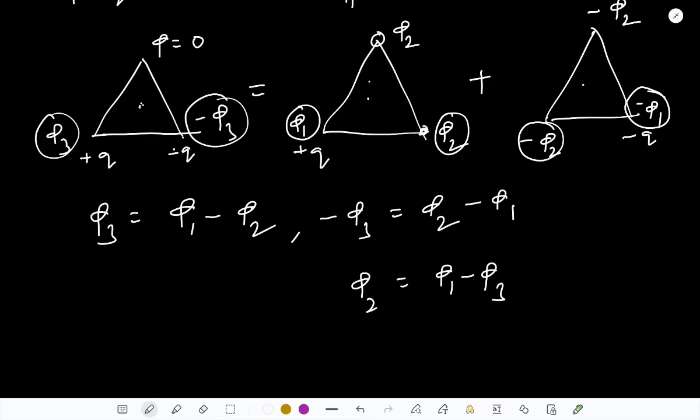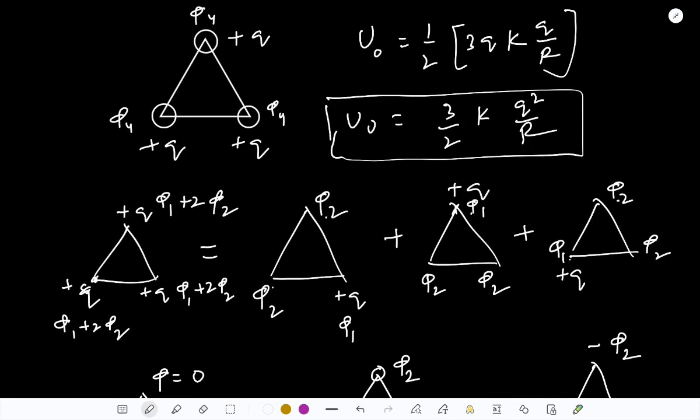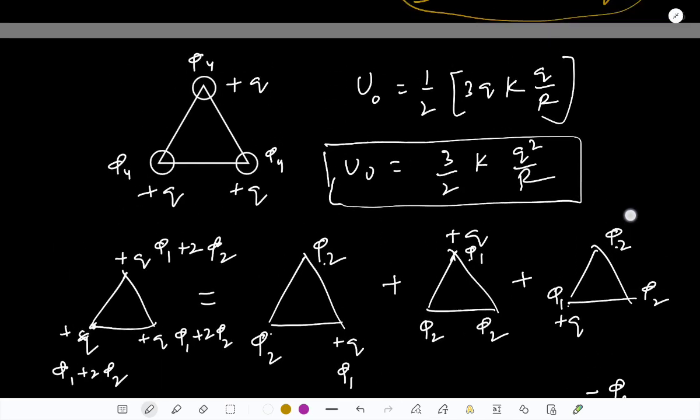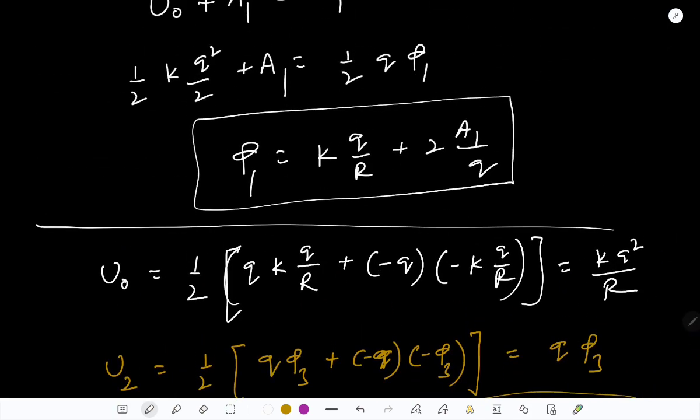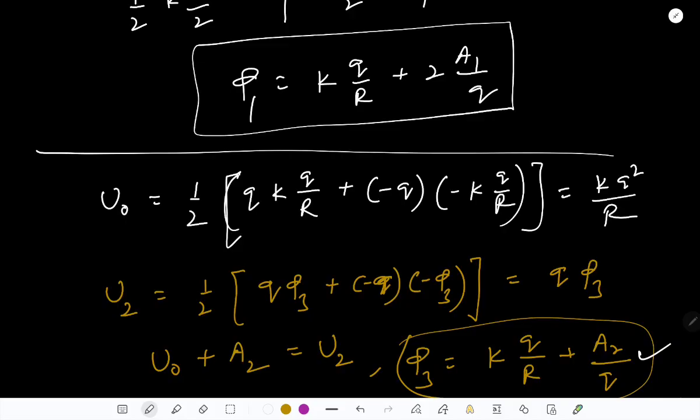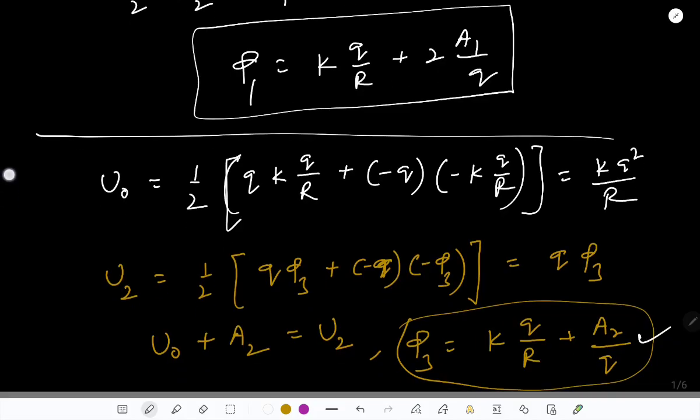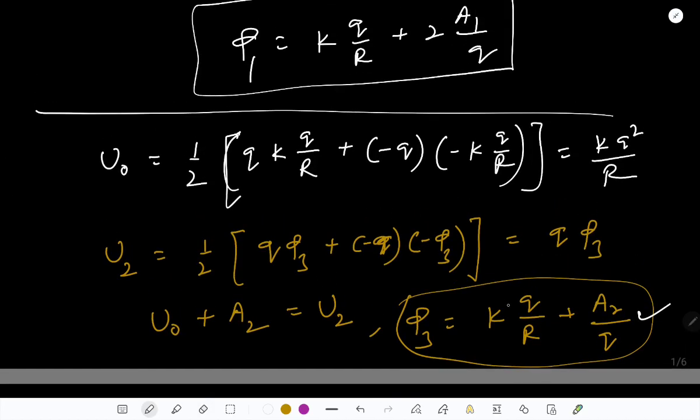Let's see what the values of phi 1 and phi 3 were. Phi 3 is here, and phi 1 is here. If you put these values, phi 1 is kq by r plus 2a1 by q, and phi 3 is kq by r plus a2 by q.